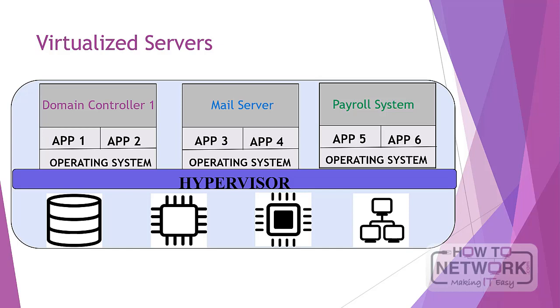So the hypervisor will be in charge of pooling those resources and assigning the needed amount of resources to each of the servers. What a great idea, isn't it? So now you have domain controller, mail server, and payroll system living in the same chassis. You're saving a lot of money in hardware, energy, and space. So that's the idea of virtualization.